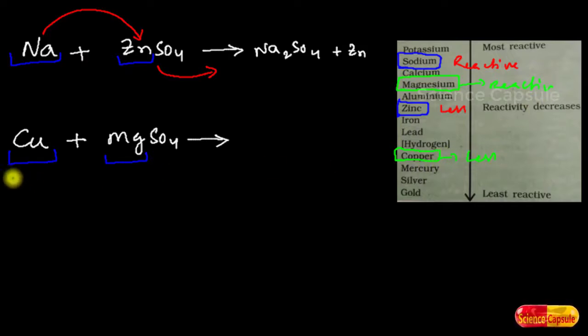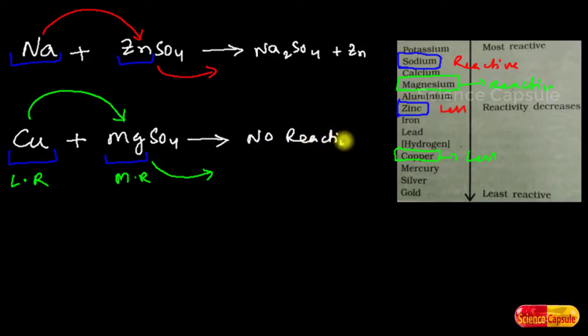See here, copper is less reactive, we can write LR, and this one is more reactive. A less reactive metal cannot remove a more reactive metal from its salt solution, right? So the product would be no reaction. Whenever such an instance comes, you have to write no reaction.